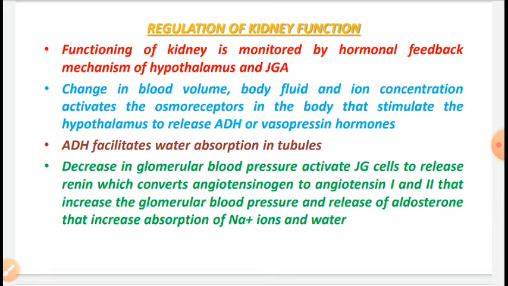So, for study of this type of regulation of kidney function, it is necessary to understand the role of renin and angiotensin here. By this type of function, this mechanism is a complex mechanism and it is known as the renin-angiotensin mechanism.